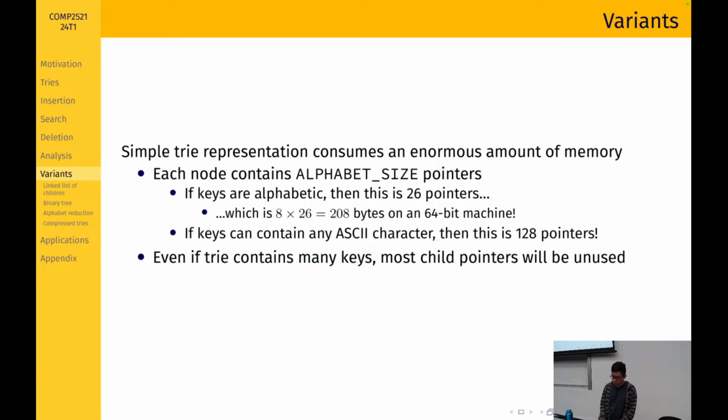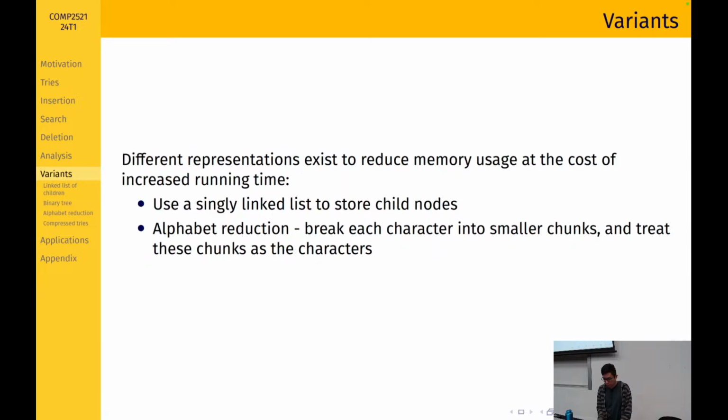And the thing is, most of the pointers in the nodes are going to be unused, so it's going to be a lot of wasted space. Okay, so in order to try and save space, we have different variants of tries, different representations.